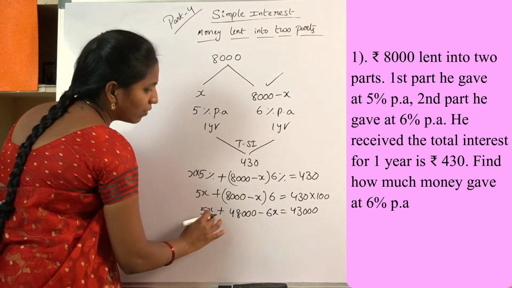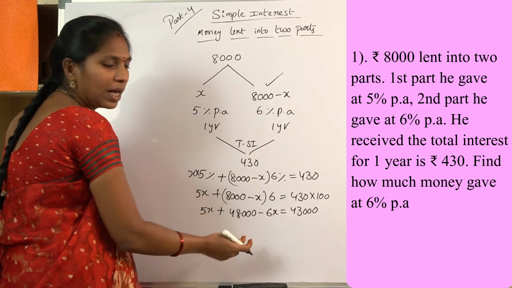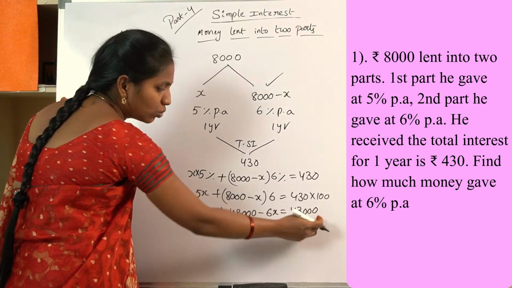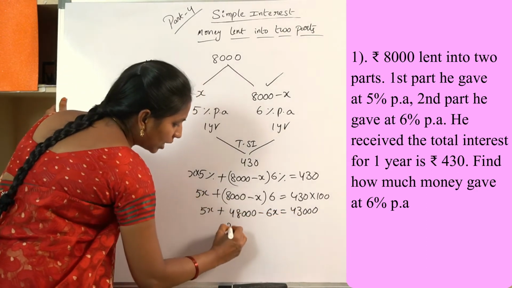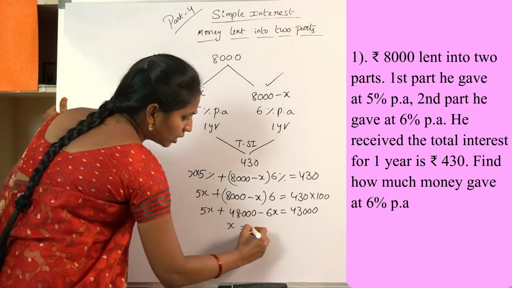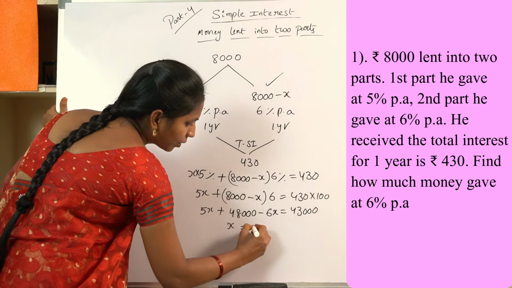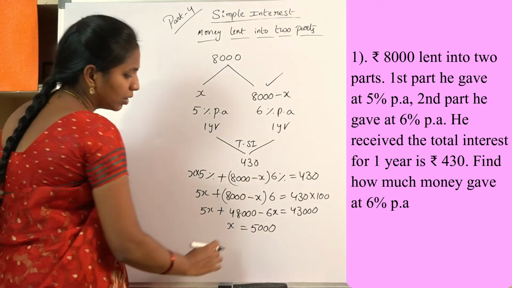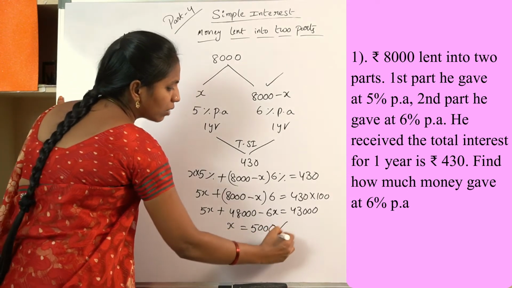That implies 5x minus 6x means minus x. Transferring this x to the RHS, x equals 48,000 minus 43,000. What is the value? 5,000 rupees. Okay, x equals 5,000 rupees.